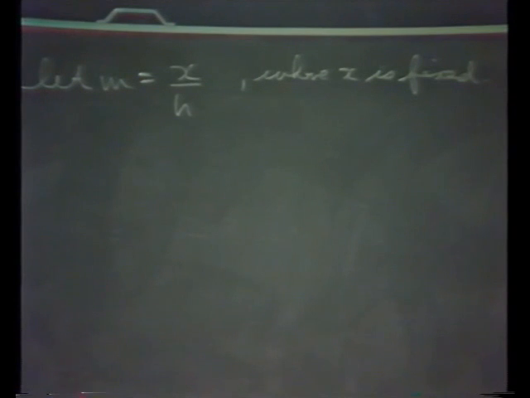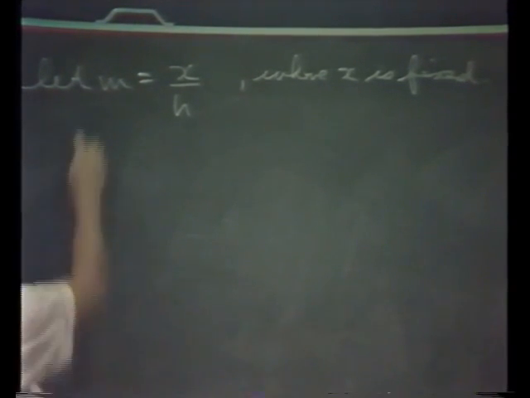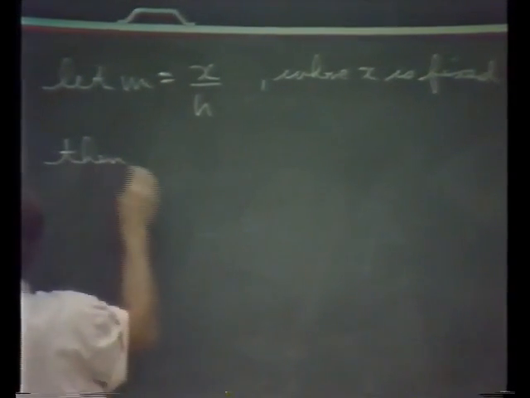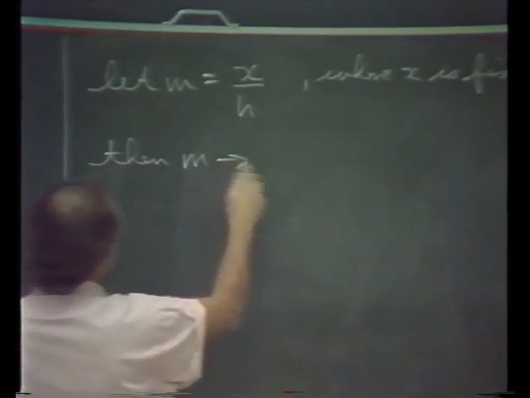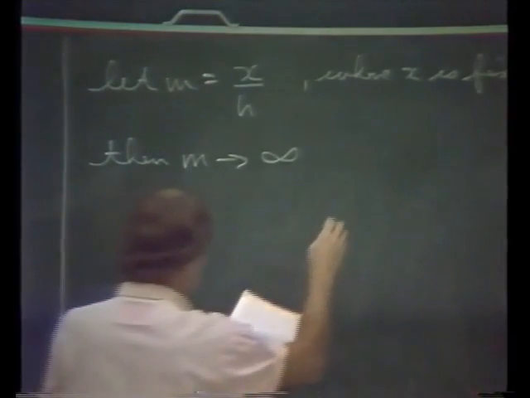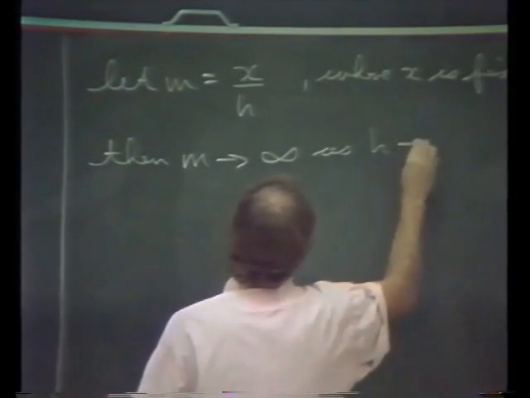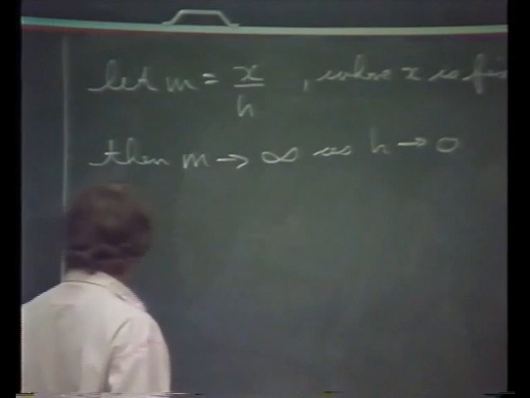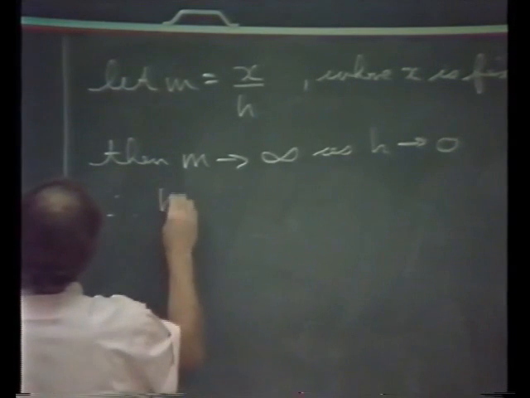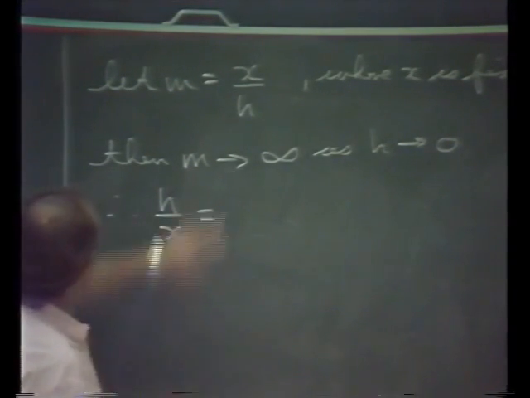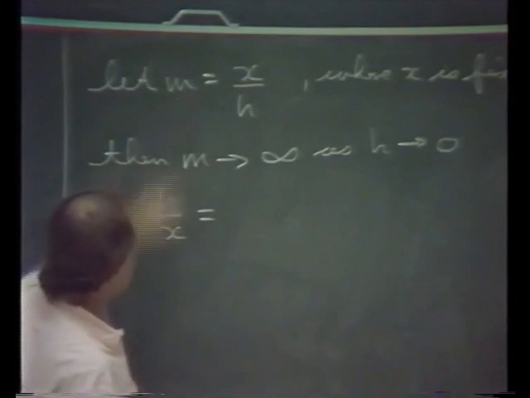Well, if we make that substitution, that change, then we will know that m tends towards what as h tends towards 0? m will tend towards a very large number, infinity, as h tends towards 0. So I can rewrite the expression I have here for this ln function in terms of m's rather than h's. So h over x is going to be equal to what? When I substitute, it is just that inverted. h over x is therefore 1 over m.